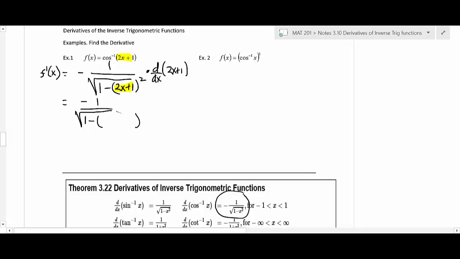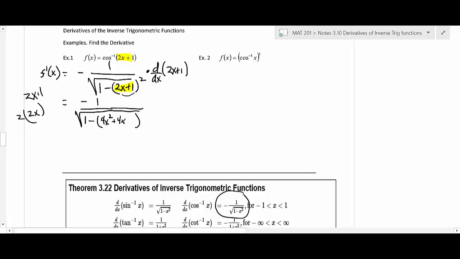Now you could leave that alone if you want to. I don't care if you leave that alone. I'm going to go ahead and square it because I think there's probably going to be some simplification. So I'm going to square this out in my head. The 2x times 2x is 4x squared. Then remember the shortcut: 2x times 1 is 2x, then you double that to get 4x.